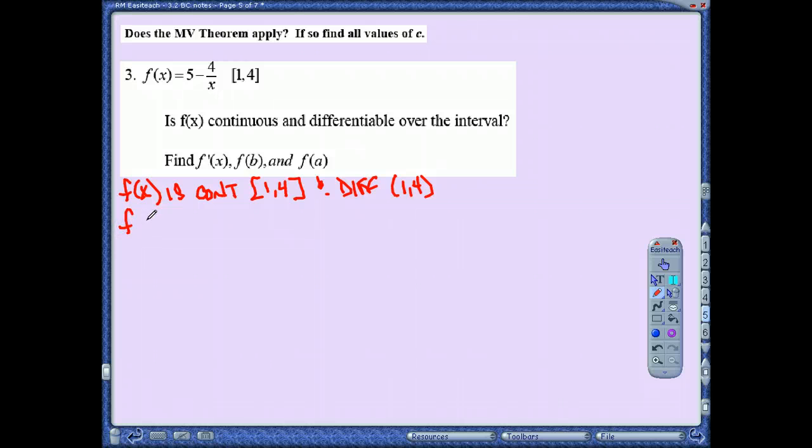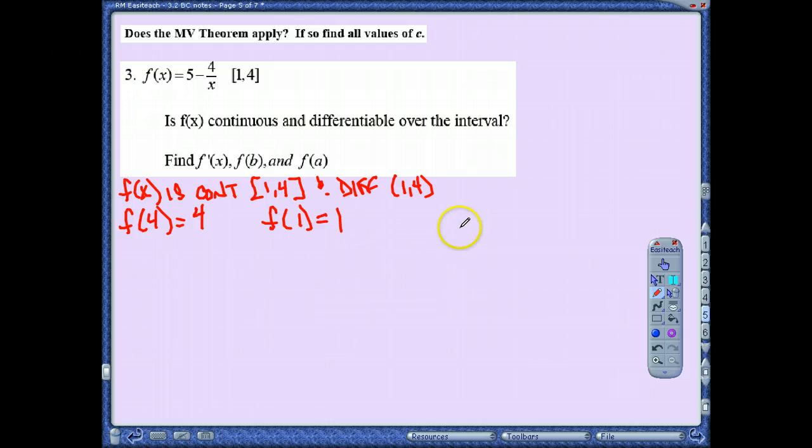So let's find f of b, so f of 4 and f of 1. When we put 4 in for our x's, we are going to get 5 minus 1, which is our 4. When we put 1 in, we're going to get 5 minus 4, which is 1.